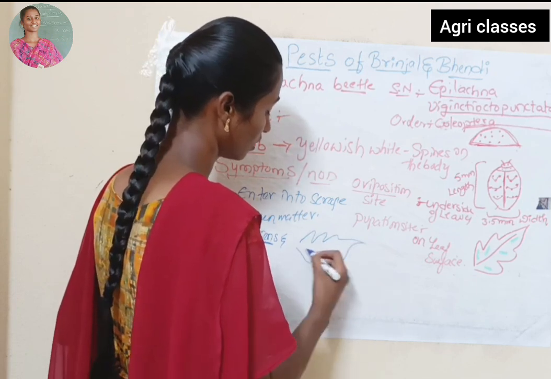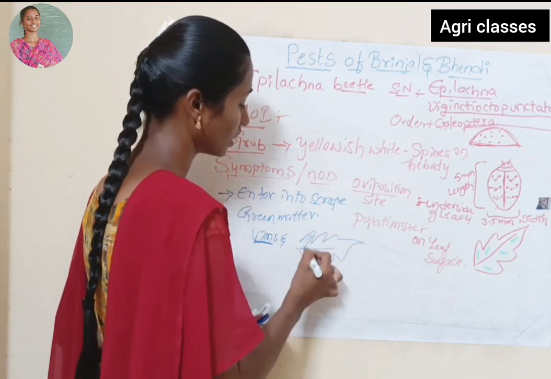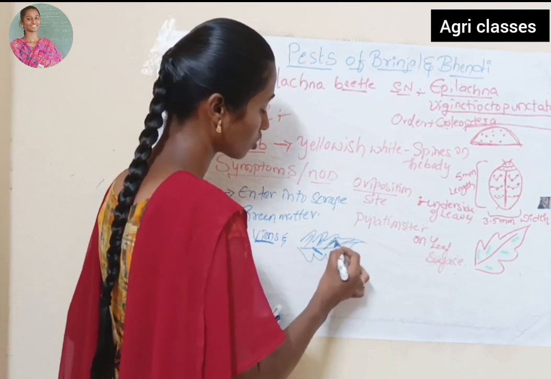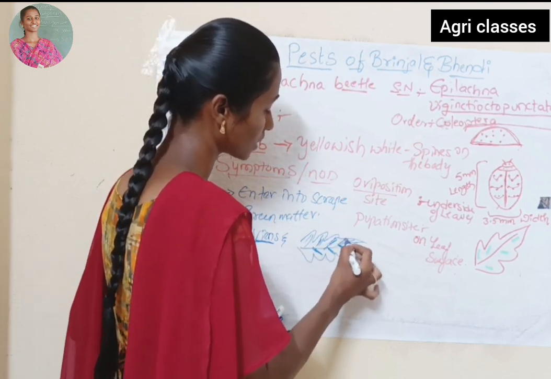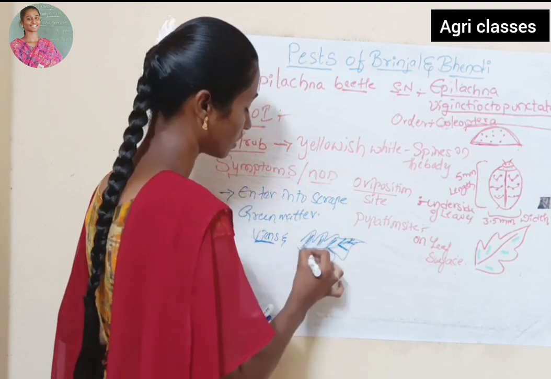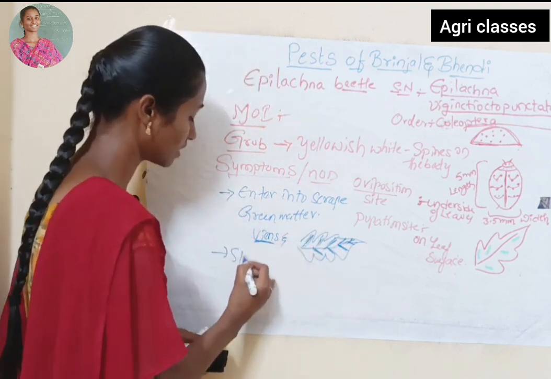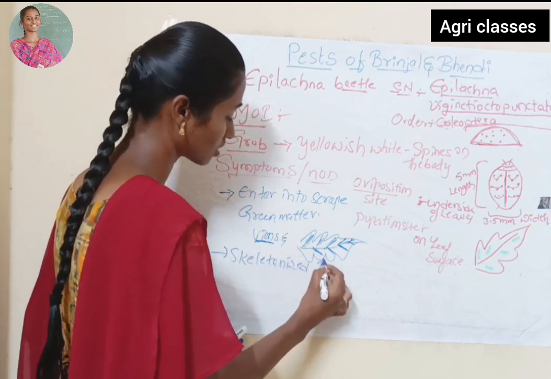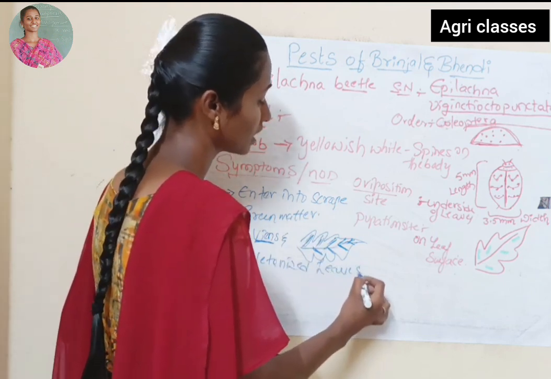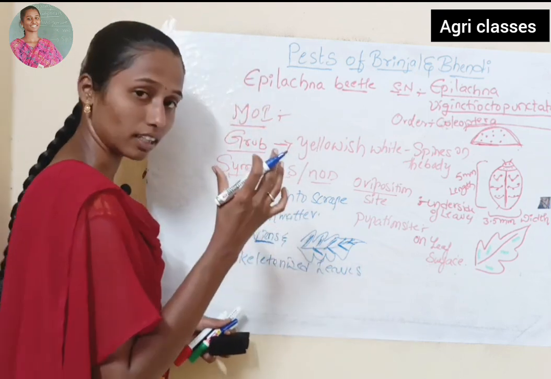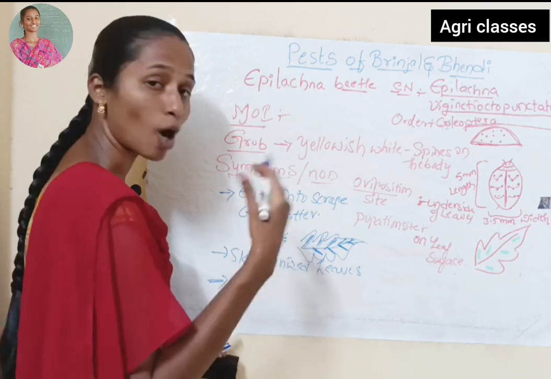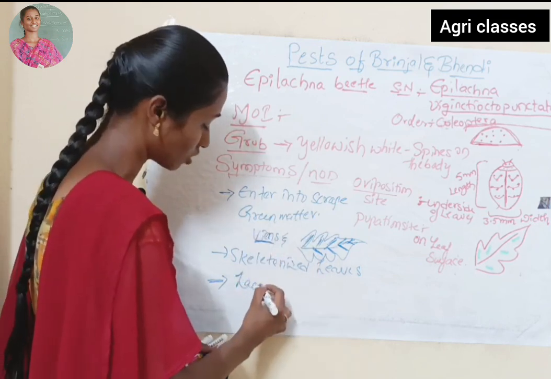Okay, here for example, this is the brinjal leaf. Here we cannot observe any chlorophyll content or any green matter here, only veins are present, veinlets are present, and this is like a skeletonized leaf. Both grubs and adults attack the leaves and they will feed on the green matter, and they form a lace-like appearance on the leaves.